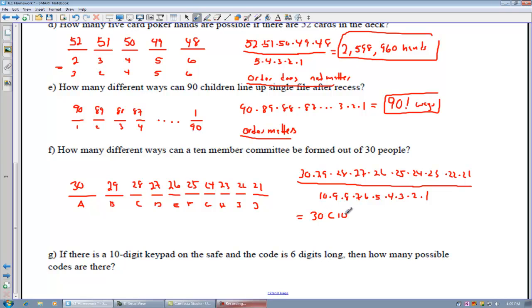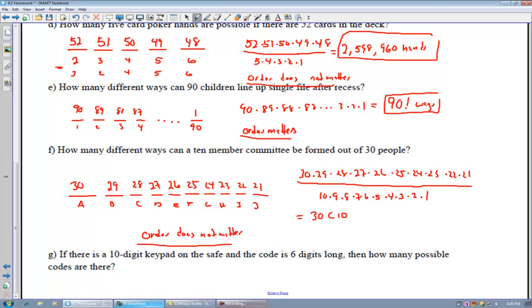So I talked a little bit about this in class last time, how you can use your calculator to do permutations and combinations. Because remember, this one, the order does not matter, and it is a combination.